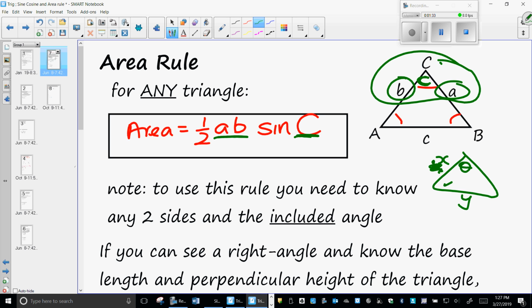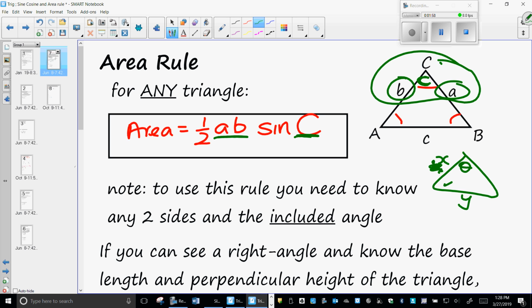If in a question we've been asked to find the area, and we knew this side length and this angle, we can't use this formula yet. In order to use that formula, you have to know this angle, the one with the tick on it.